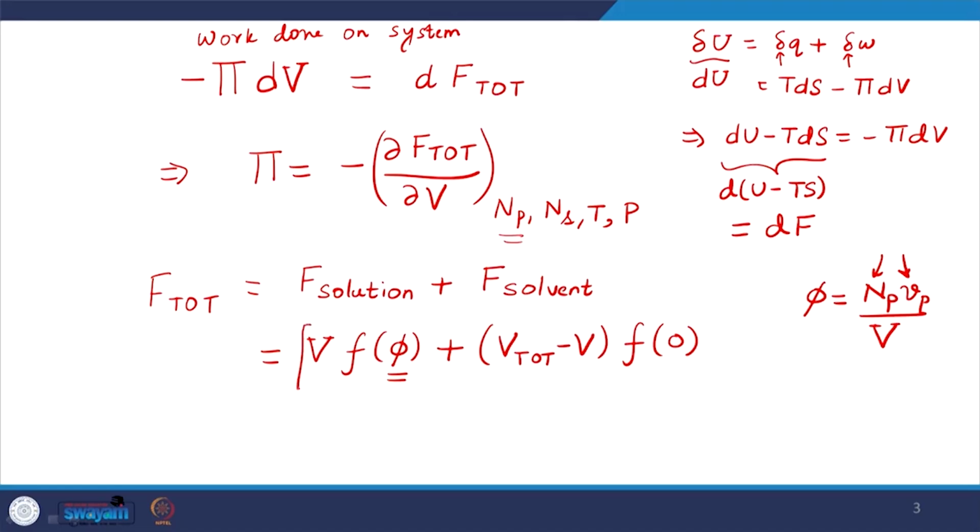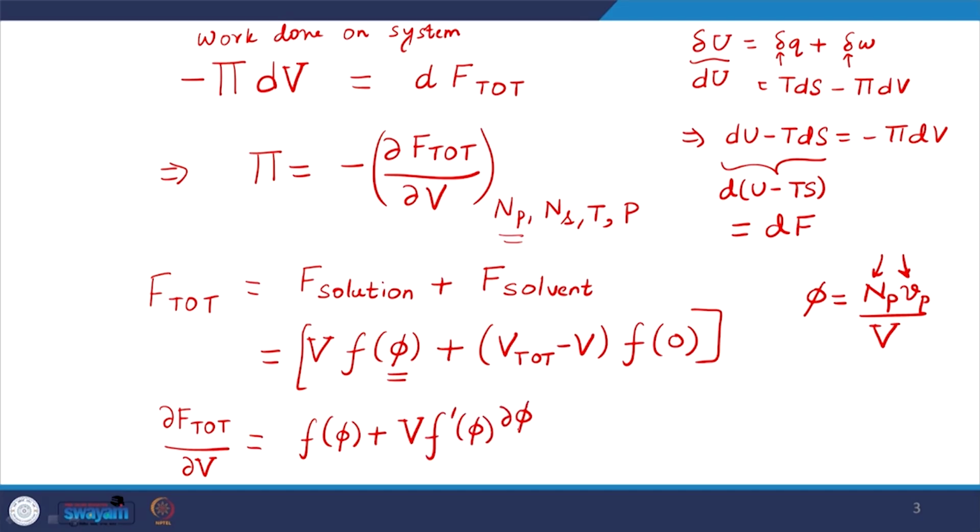I can write dou f tot by dou V as something like f of phi plus V f prime phi dou phi by dou V, and then in the second term you will have minus f of 0.